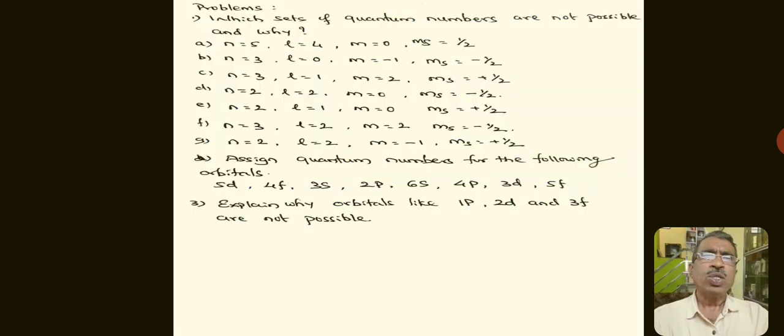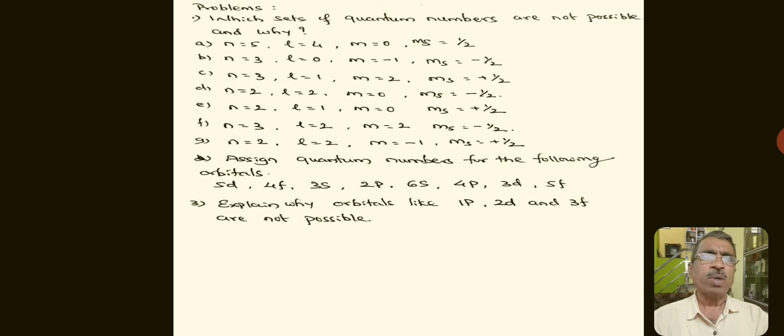Before we go with these problems, consider these three quantum numbers. The first, the principal quantum number, gives the presence of the electron in the orbit. The azimuthal quantum number gives the location of the electron in the suborbit or subshell, and the magnetic quantum number gives the location of the electron in the orbital.